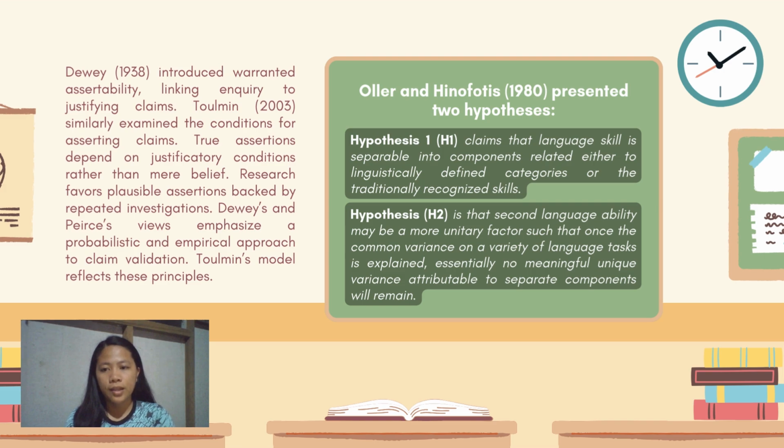H2 suggests that second language ability may be a single unified factor, meaning that after accounting for the shared aspects of various language tasks, there won't be much distinct variance left to separate into different language components.